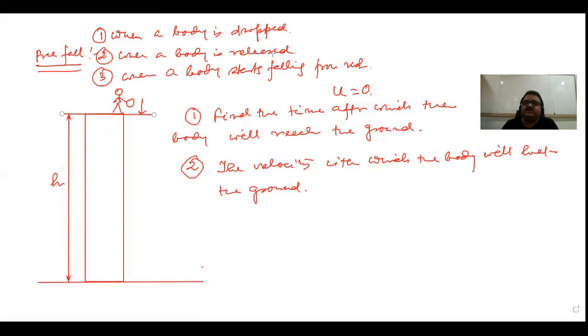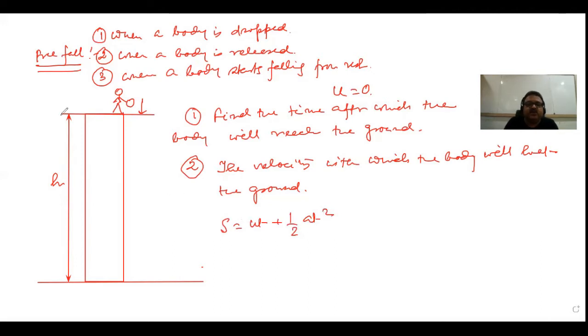Now look, in this case u is downward and h means the body is falling downward, so we have to take care of the sign and consider it negative. To find the time after which the body will reach the ground, I will use the equation s = ut + half at square.